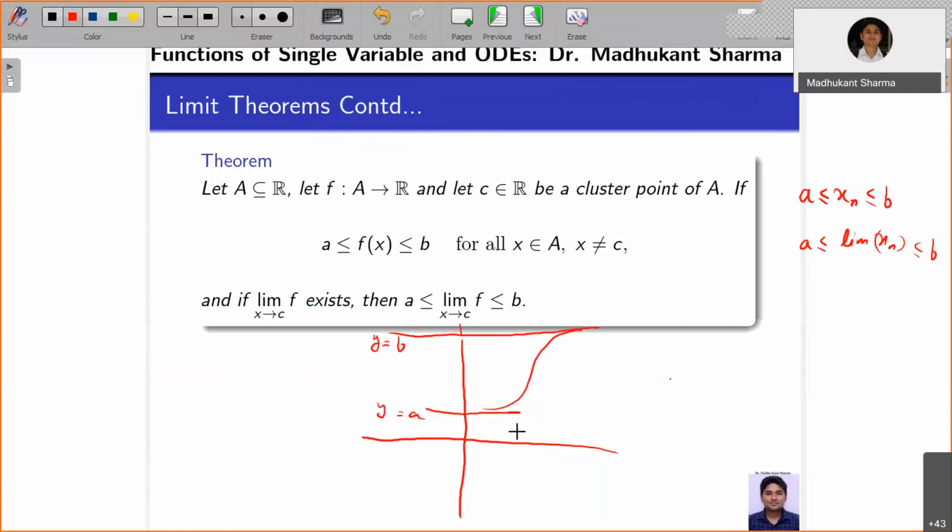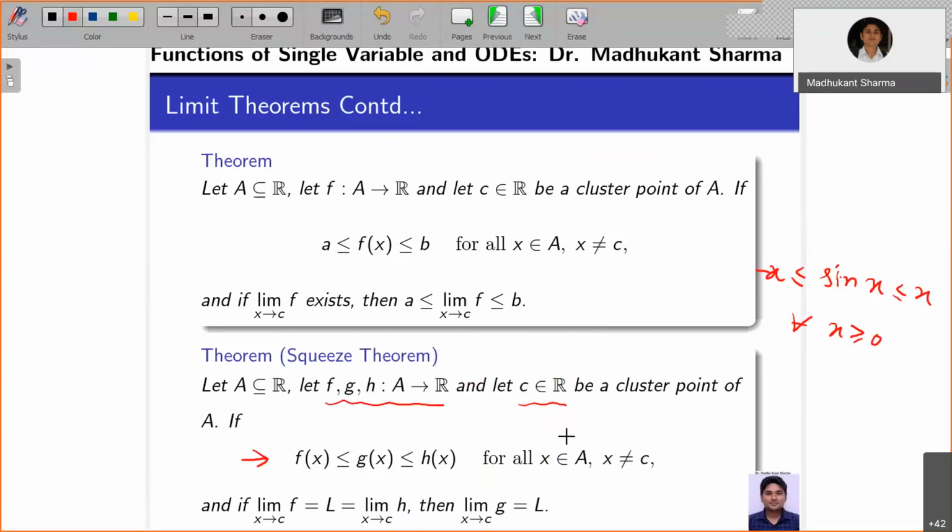Now if you talk about the limit at c, for every x in A, x not equal to c, then if the limit exists, it also lies inside the interval. This can be analyzed geometrically as well. It cannot go away from b, neither from a.